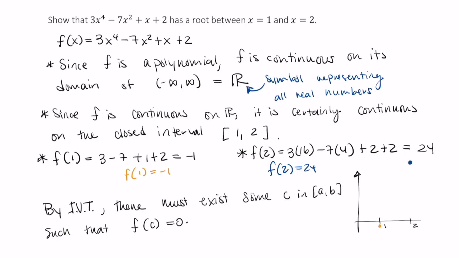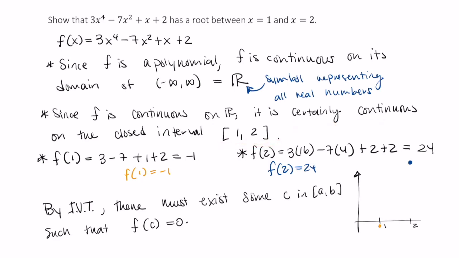And we're done here. We have shown that this polynomial has a root between 1 and 2 using the intermediate value theorem. To recap, we have to ensure our function is continuous on this closed interval. And we did that by recalling that polynomials are continuous on the domain of all real numbers, which means they're certainly continuous on this closed interval from 1 to 2.